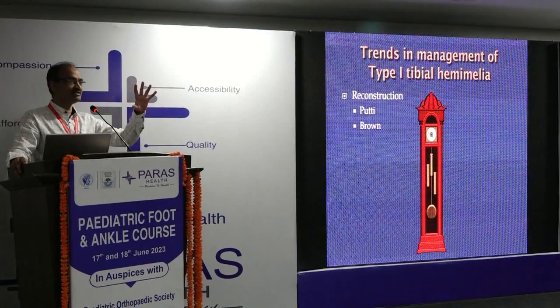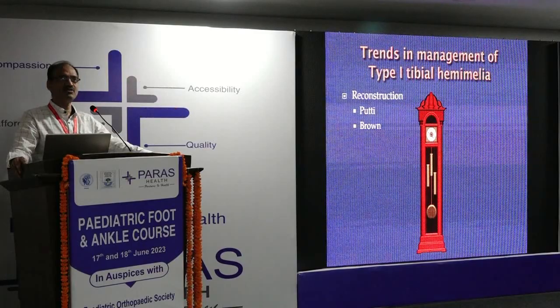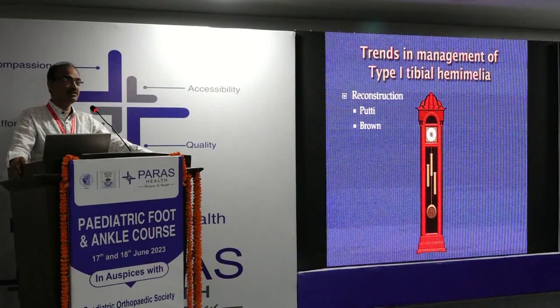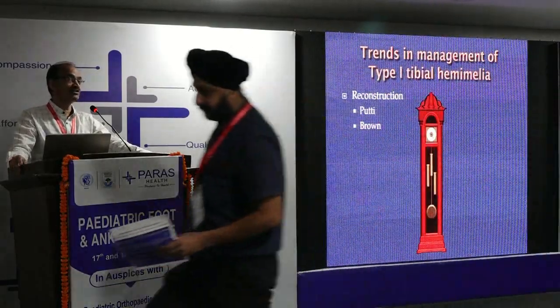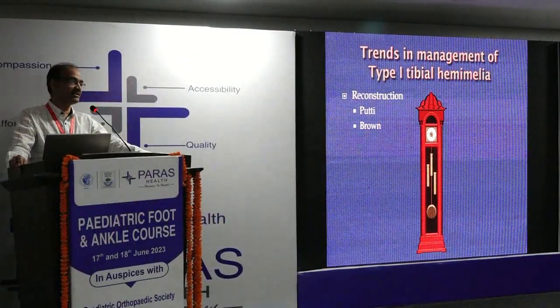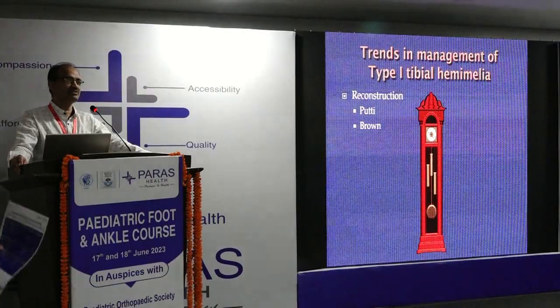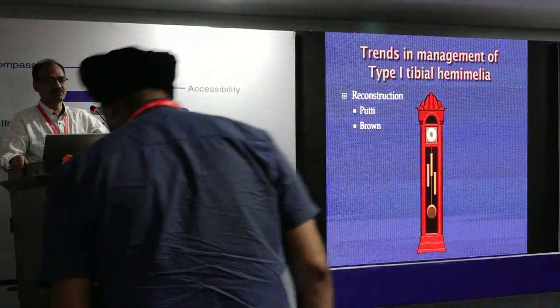If the complete tibia is absent, the ankle is unstable, the knee is unstable and the quadriceps is not working. So the simple thing is to do a knee disarticulation because it will be a single surgery and lead to less cosmetic as well as psychological problems for the patient and parents. If you do reconstruction, it will require multiple surgeries, it is very prolonged, and ultimately the child will walk with a brace, not a prosthesis.